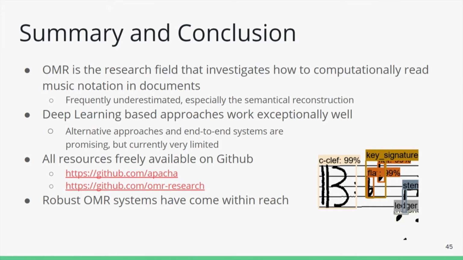And I truly believe that with what I've seen in the last few years, OMR systems, especially robust OMR systems, have definitely come within reach. And I'm sure that in the next few years, there will be some systems that will work really well for both handwritten and typeset music.